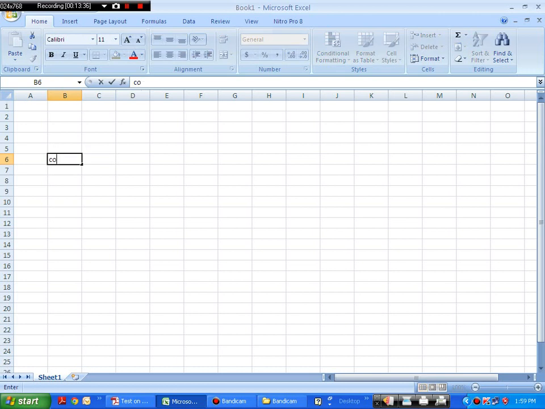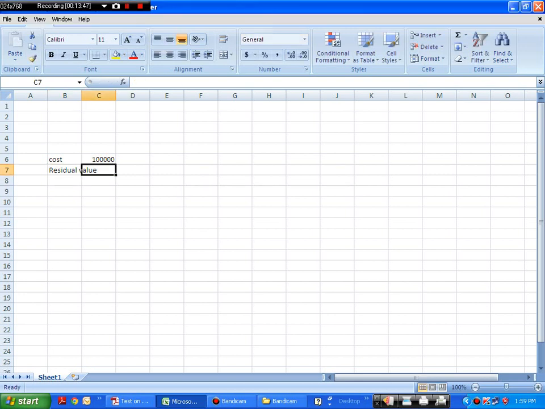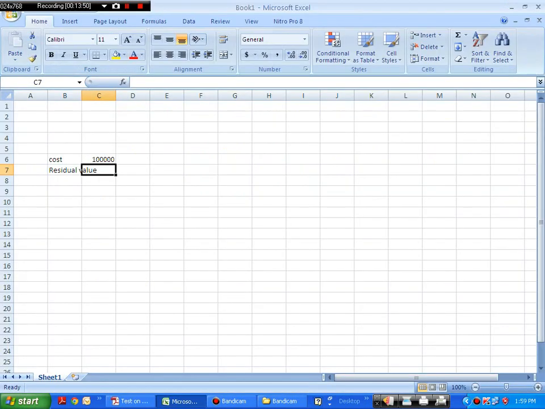So the cost is 1 lakh, and we know the residual value. So the residual value is 40,960. So the difference between cost and residual value is called the depreciable amount.